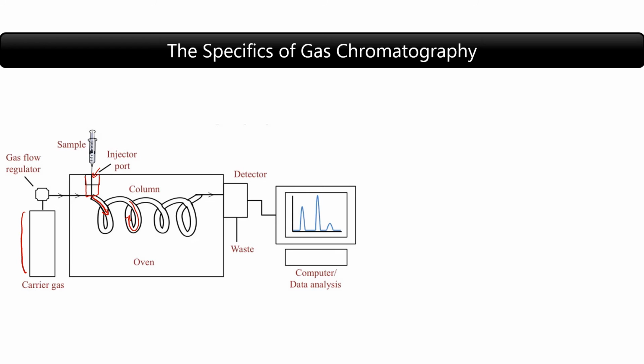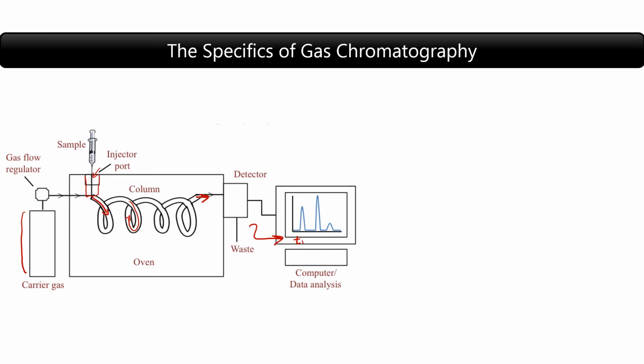And as the mixture moves through the column, the molecules will get separated into their individual components, and they will exit the column at the end of the column, or we call it eluted from the column, at separate times. And a detector is present at the end to recognize the compounds that are exiting or eluting from the column, and also to detect how much of that compound was present, and it will generate data in a graph form, which we will see in the computer.